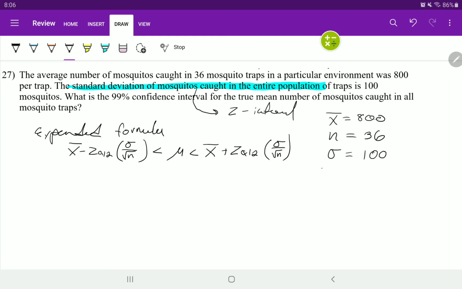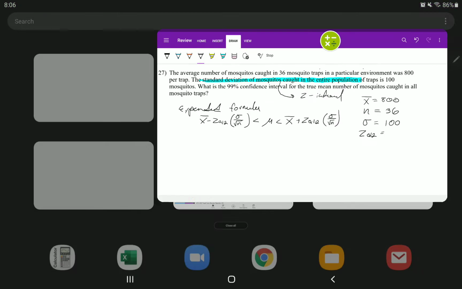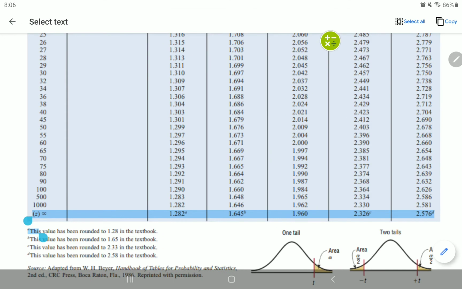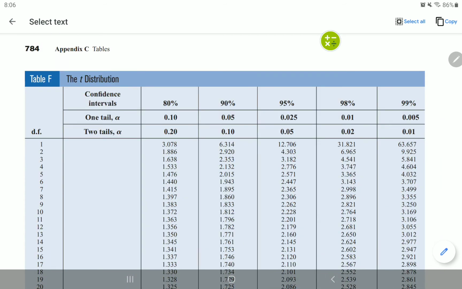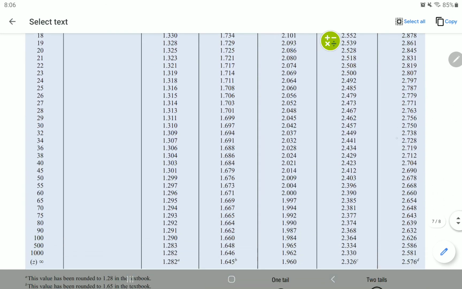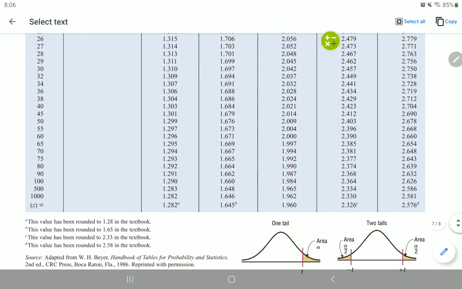And now we need to find the Z critical value for 99%. So we can go back to the T distribution. Let's scroll to the top. We want 99% confidence, so that's going to be over here. Because it's a Z critical value, we're going to scroll all the way down to the last row.